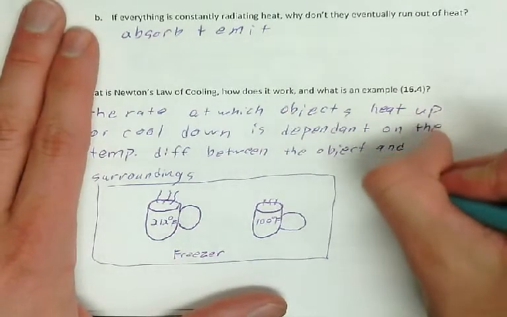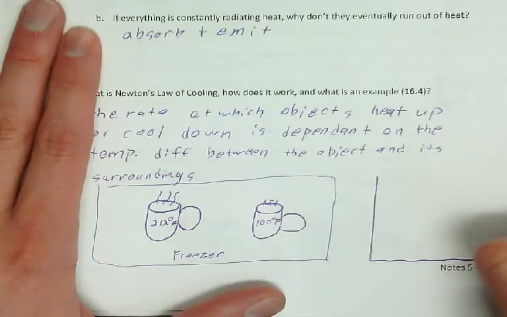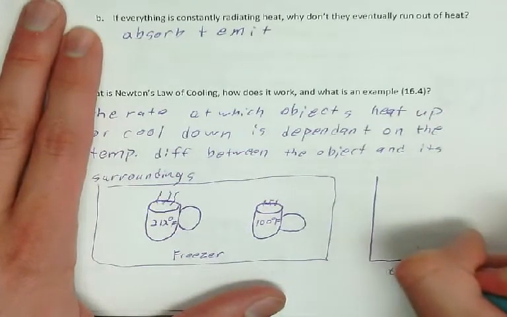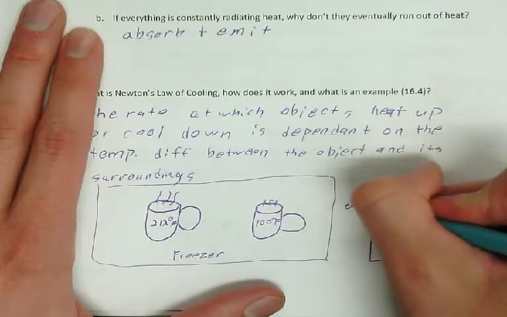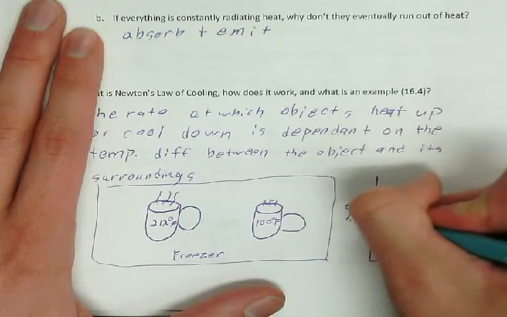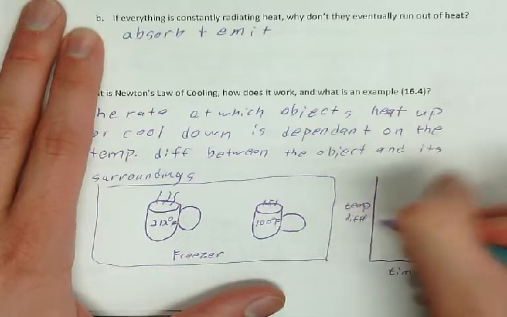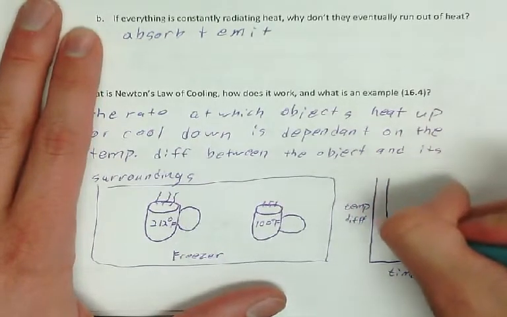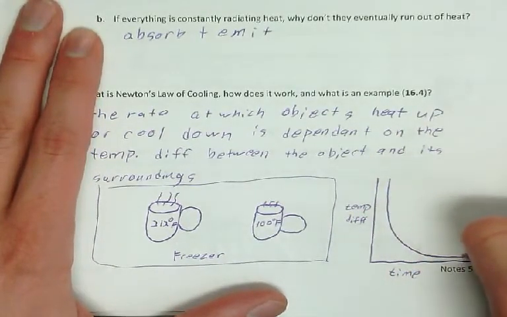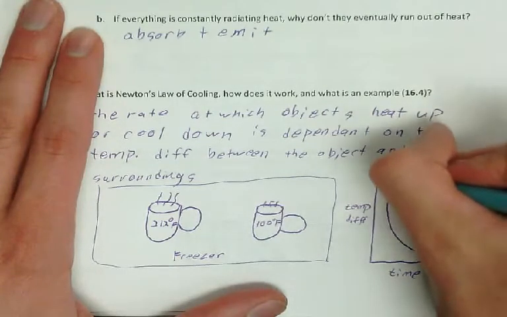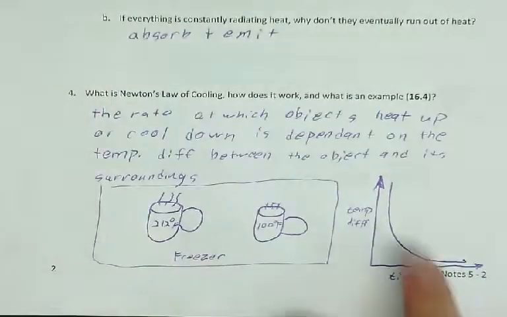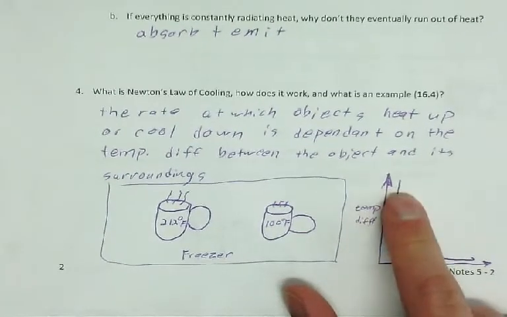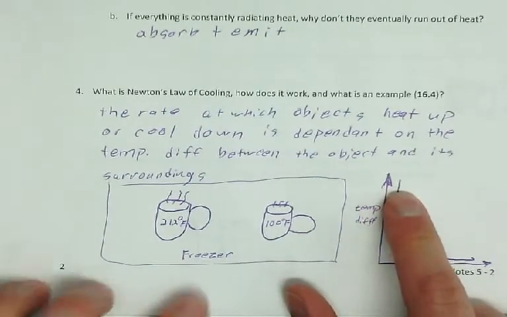Something else to make mention of. If you were to graph this as how long it takes based off of the temperature difference, it's like this. So when the temperature difference is large, it cools very, very quickly.